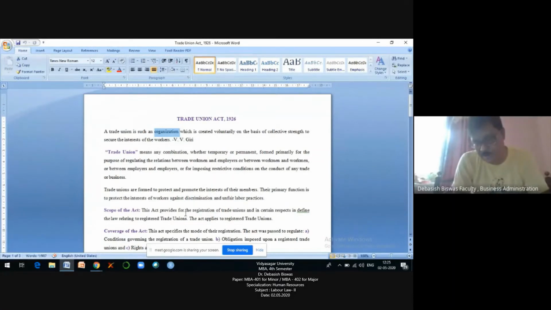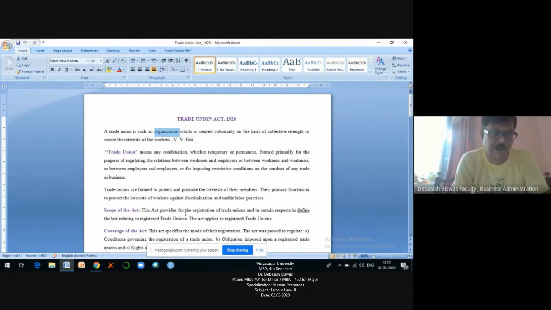And if a trade union is registered, then that trade union will enjoy certain rights, certain privileges. Otherwise, why would you do the registration? So if you do the registration, then consequently you can enjoy certain rights, certain privileges. Right? So what the rights are, as well as what the duties or liabilities are, has also been mentioned under this act.